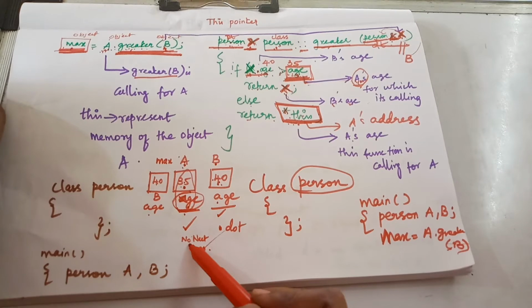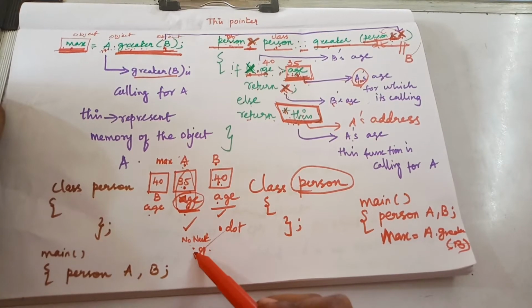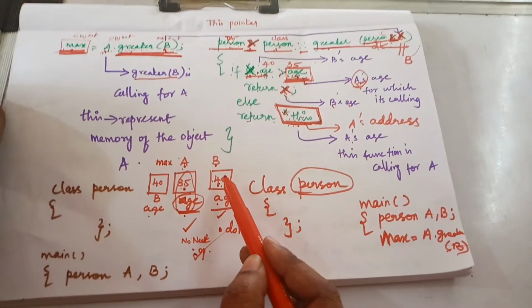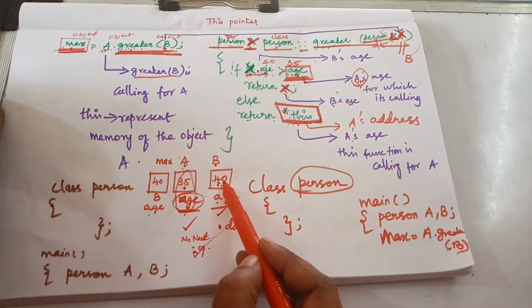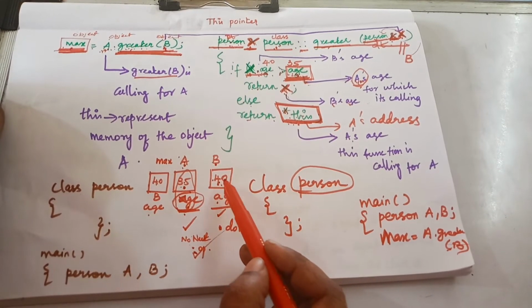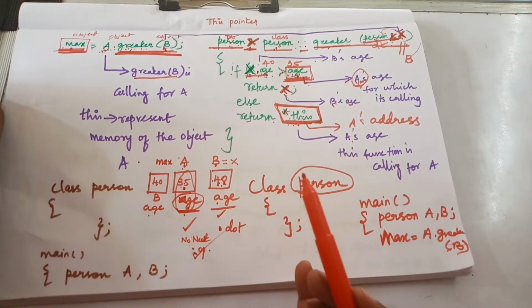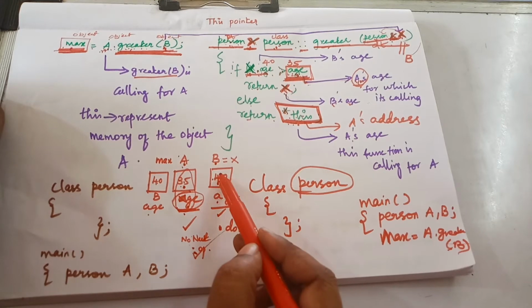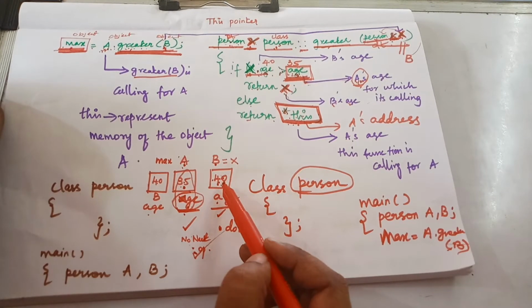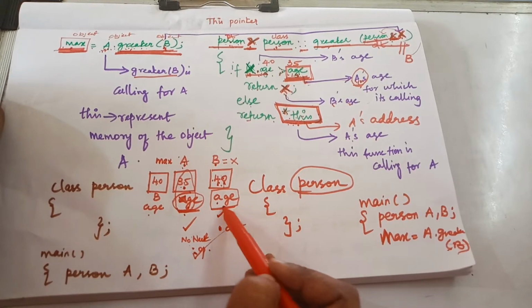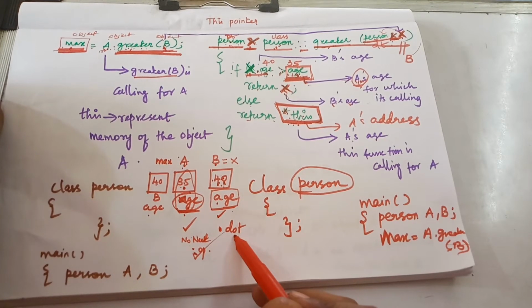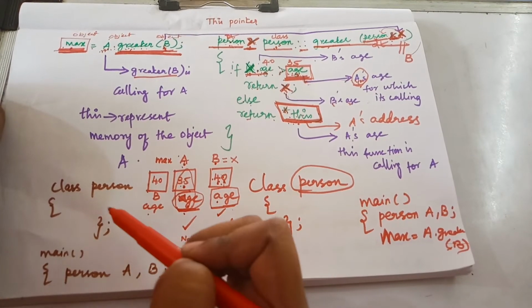But B, I'm passing as an argument. So the dummy object is X. I'm passing this as an object, so to access this data member, I have to use the dot operator. You have to follow this procedure.